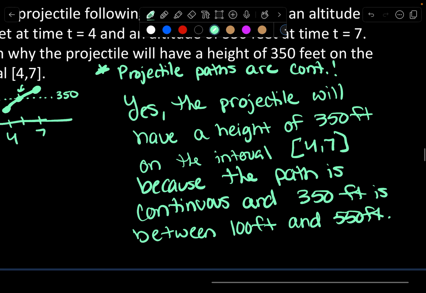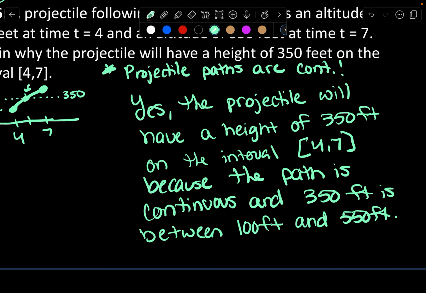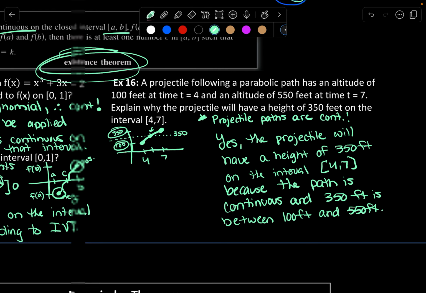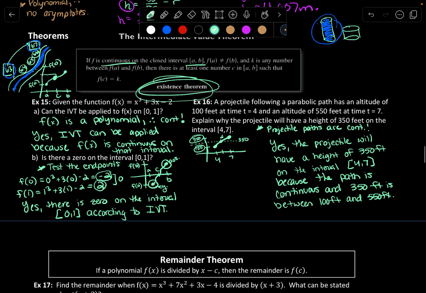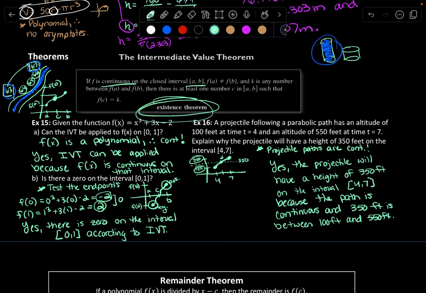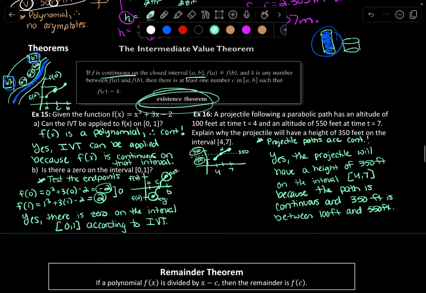So in my explanation, I'm referring to the horizontal pathway, stating that it's continuous. And then I'm also referring to the altitude, about how 350 is in between 550 and 100. So again, it's just an existence theorem. It's just showing that something is existing within this continuous pathway.